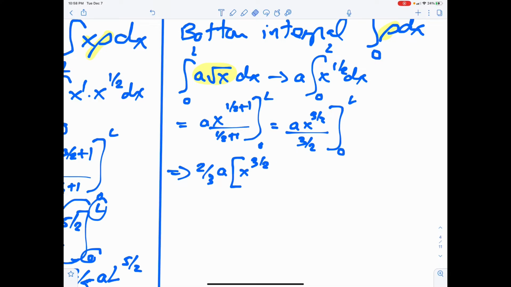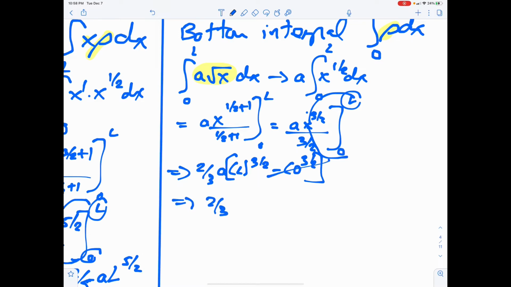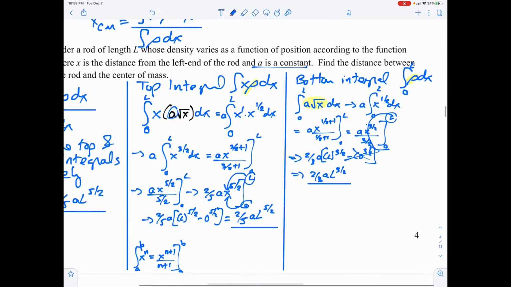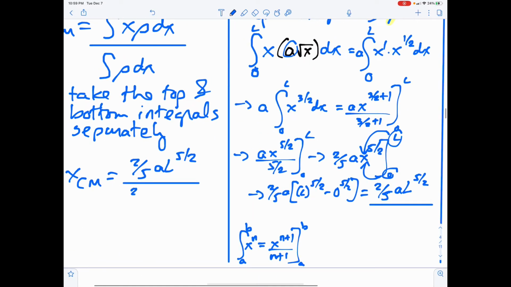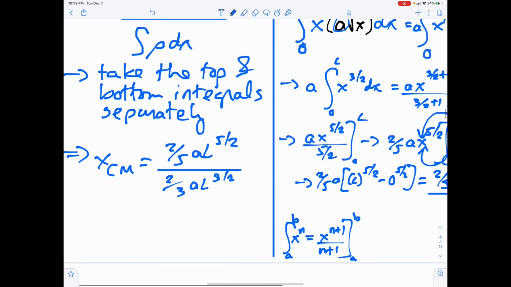To evaluate that, you evaluate the L first, right, and then the 0 second. So this would be L to the 3/2 minus 0 to the 3/2. And so we have 2/3, that's obviously 0, 2/3 a L to the 3/2 power is the bottom integral. Let's put that over here: 2/3 a L to the 3/2 power.